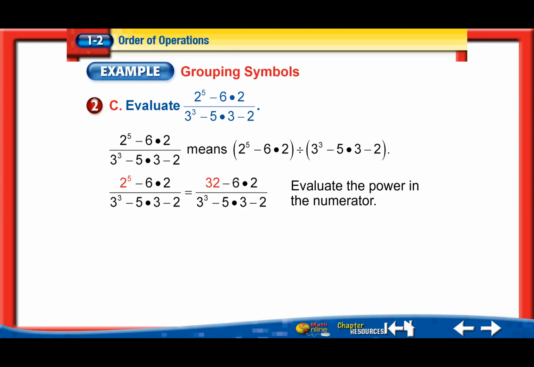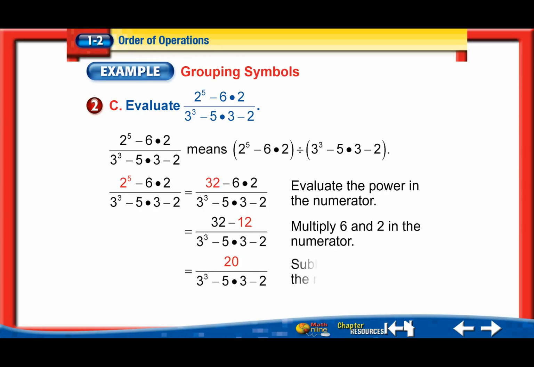We're going to evaluate the one in the numerator. Oh, they want to do the whole top. Okay. Multiply 6 and 2, which comes to 12. 32 minus 12 is 20. So they want you to do half at a time, which isn't a bad thing because you need to do the things inside the groupings first.